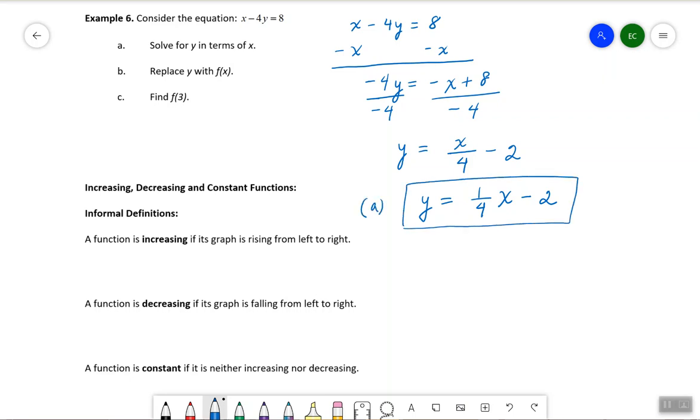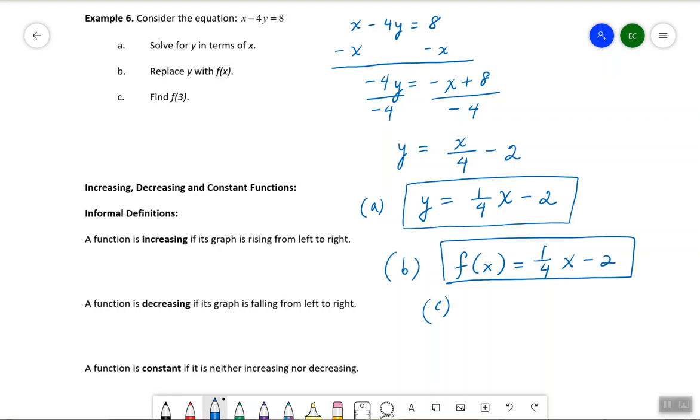And then in part B, just replace y with f of x. So we can write f of x is equal to 1/4 times x minus 2. And then in part C, we can find f of 3.